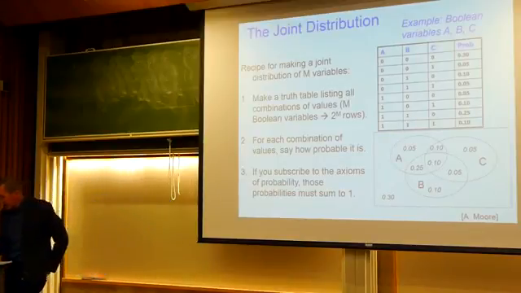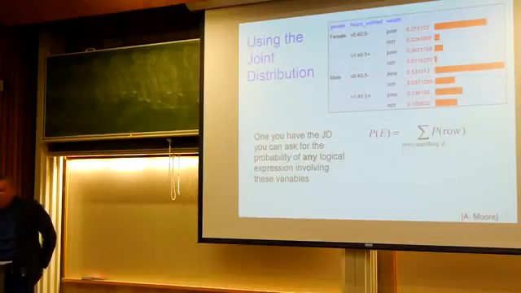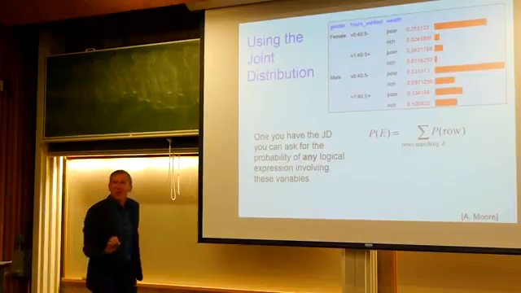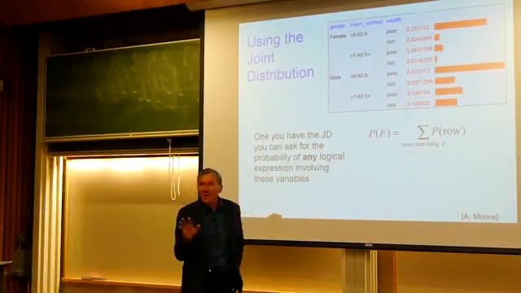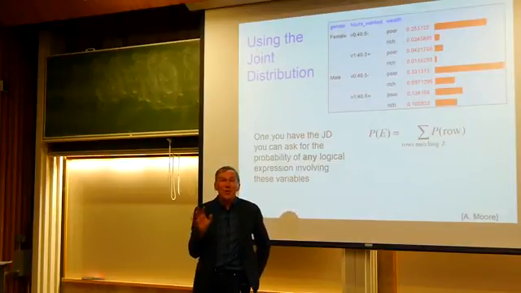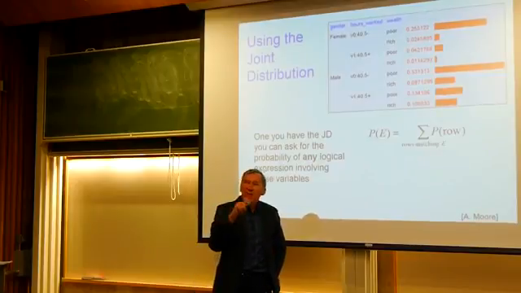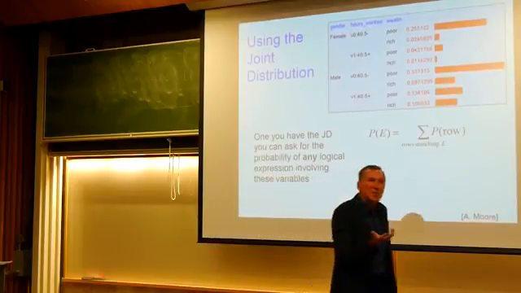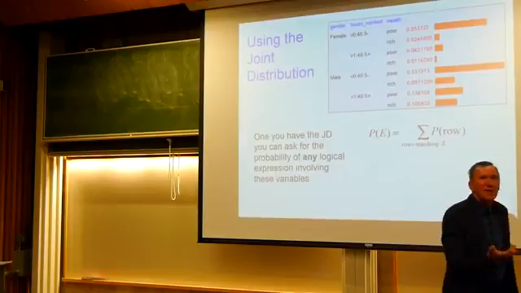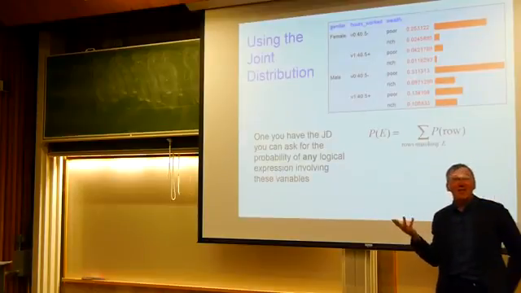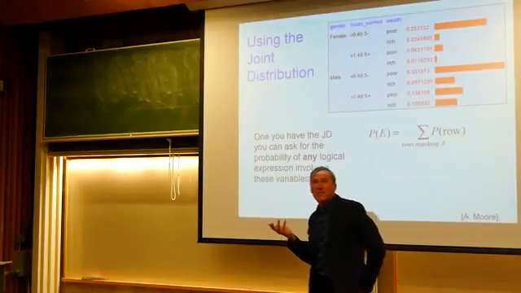So, joint distribution. The reason joint distributions are so wonderful is that if you know the joint distribution over a collection of random variables, there is nothing that you can't answer in principle about probabilities or conditional probabilities or joint probabilities over any subset of those variables.